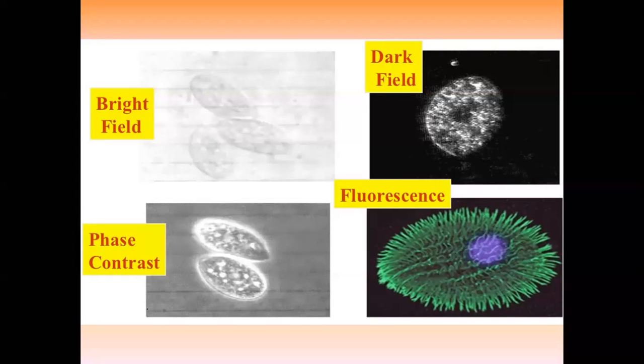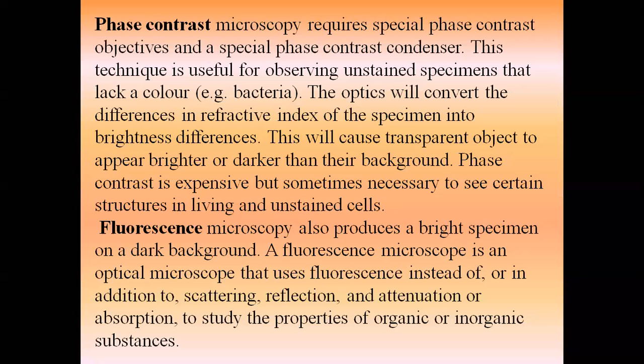All the specimens viewed in fluorescence microscopy will show bright in color and the background will be dark. So in the dark background, a bright specimen is seen.